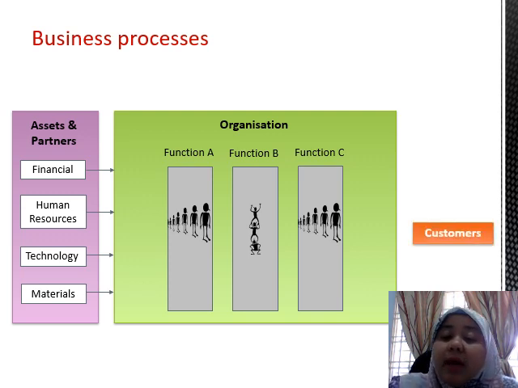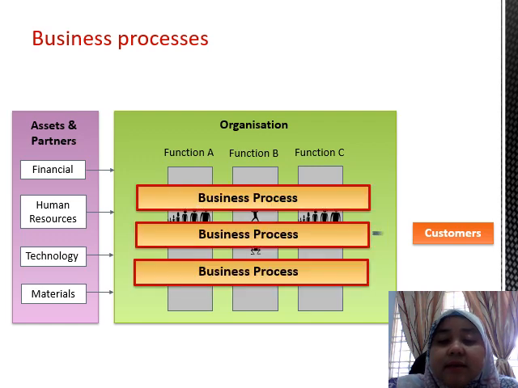Okay, and then we have customers at the end, bahagian kanan ni. So most of the time we are the customer. We become the clients of the organization that receives the service or the product from the organization. So we have the assets and partners. We have the customers.